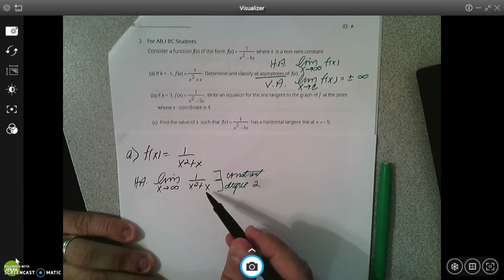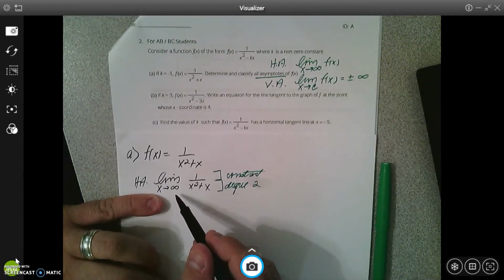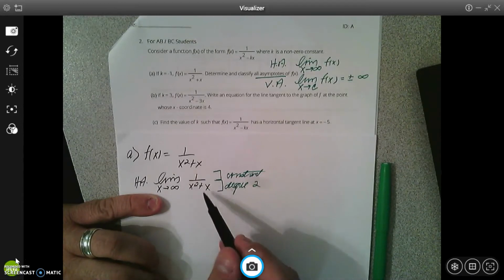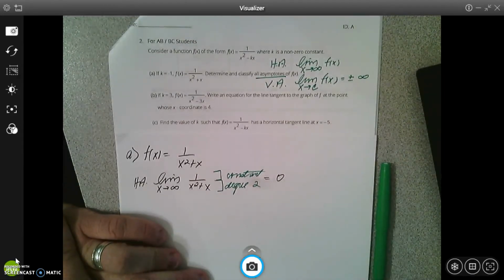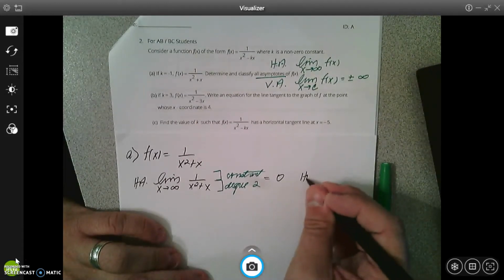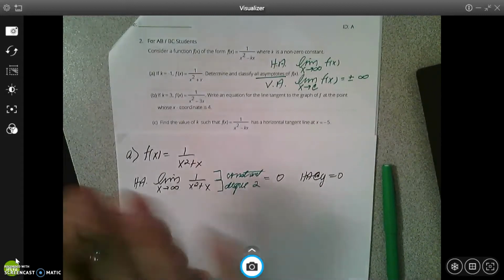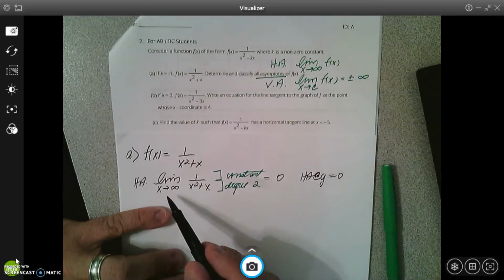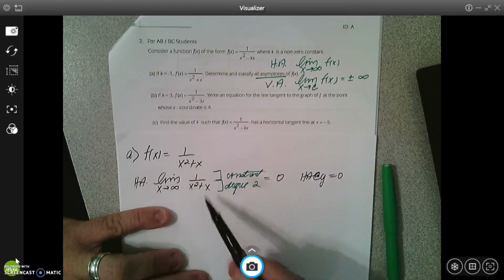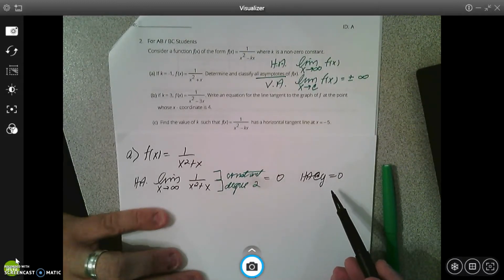The denominator is growing faster than the numerator. This limit as x approaches infinity of 1 over x squared plus x has to be equal to 0. What that means is my graph is going to have a horizontal asymptote at y equals 0. That's all that needs to be done on this problem. If you consider the limit as x approaches negative infinity, because this is a rational function, you're going to find that you get the exact same horizontal asymptote.